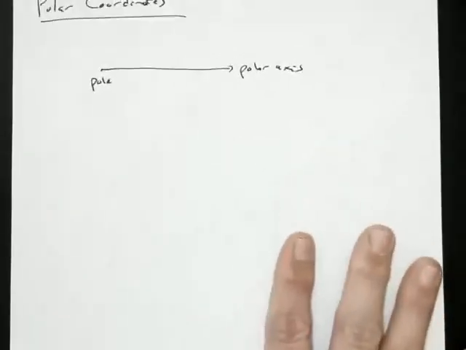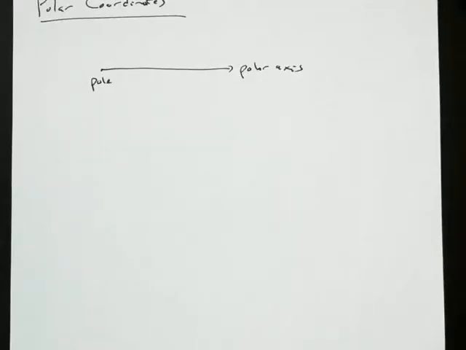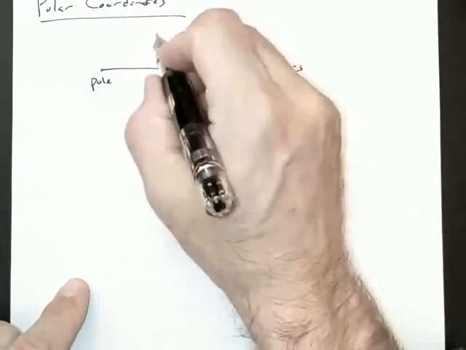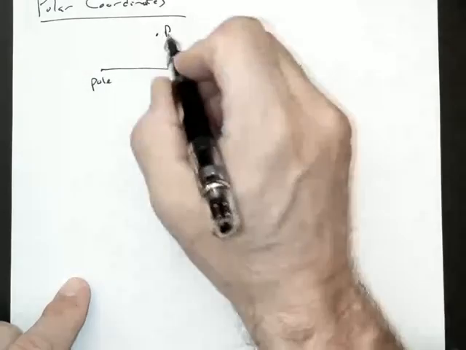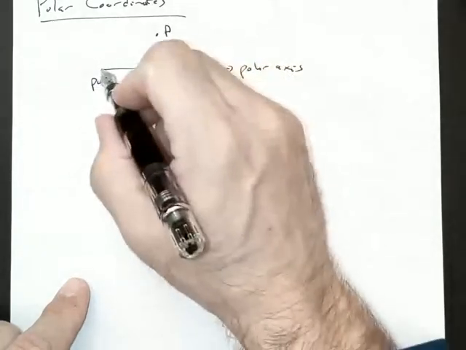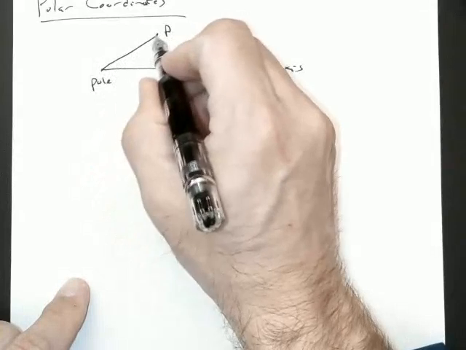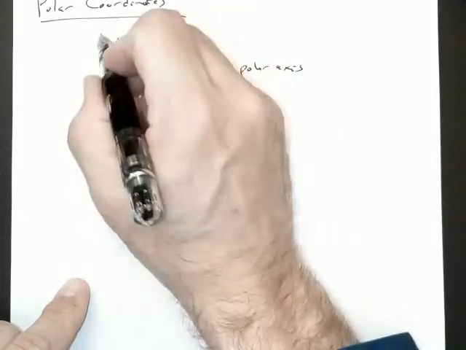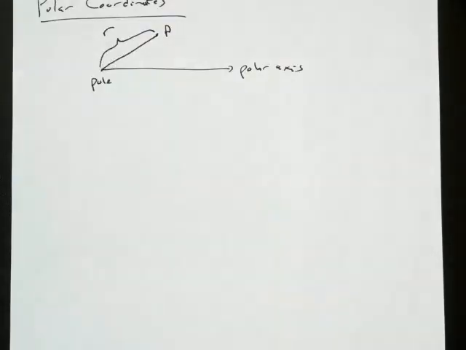But now I want to put it on the Cartesian plane, and then if I pick a point that's not the origin, I'm going to measure the coordinates of this point differently. Instead of measuring x and y, I'm going to measure the distance directly to that point and call that a radius.